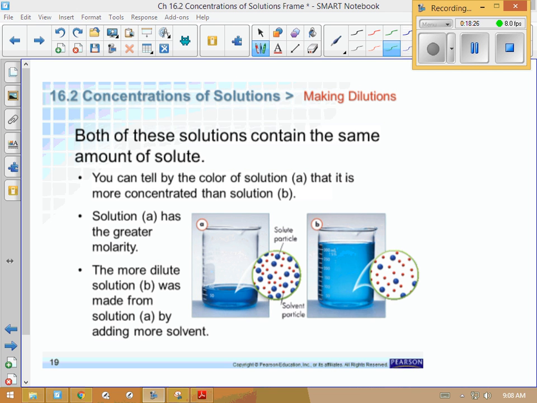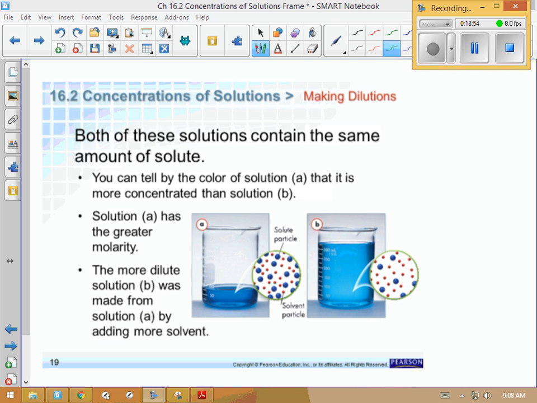So these are the same solutions. You remember my first question when I kept saying, if we have two salt solutions that are the same volume, the same temperature, what could be different about them? What could be different about them is the amount of solute per liter, okay? The concentration of the solute. So what we're going to be talking about next is, now here you can tell by the color that this one's more concentrated than the other one.